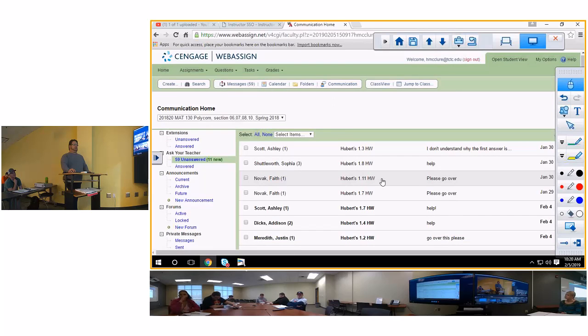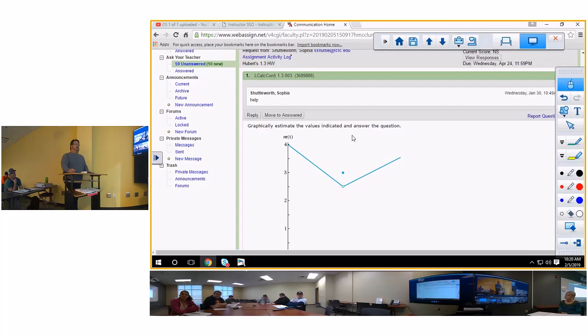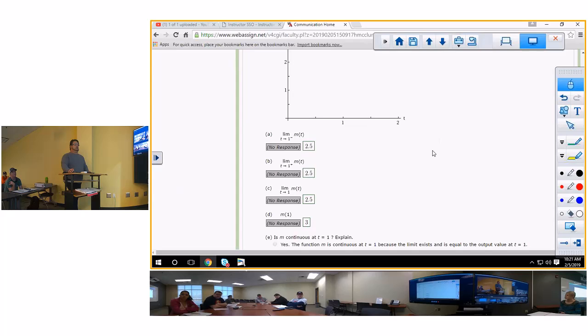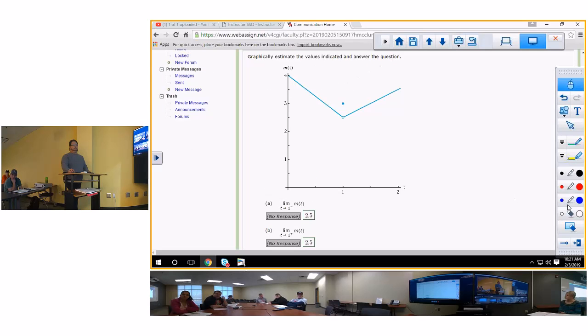Okay, next. Ms. Shuttleworth, 1.3, graphically estimate the values indicated. All right, same thing, the squeeze theorem. I'm going to use red and blue. I don't like to use red, but I'll use red here.